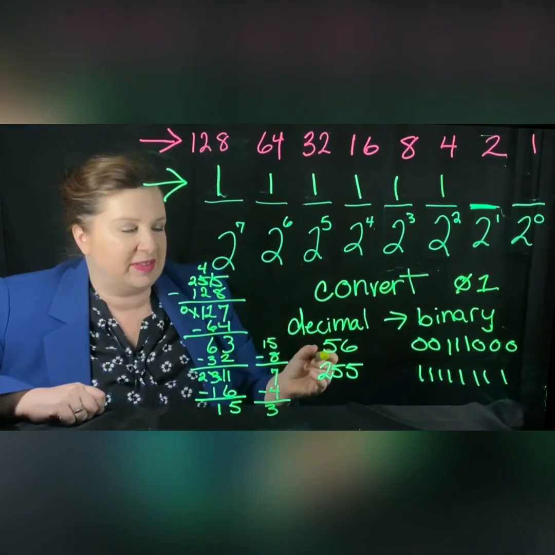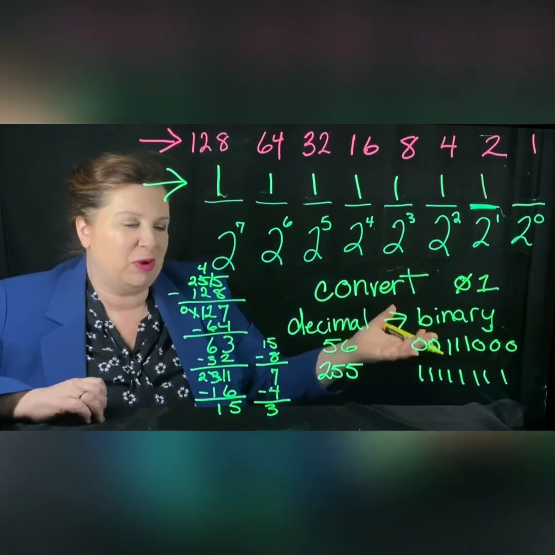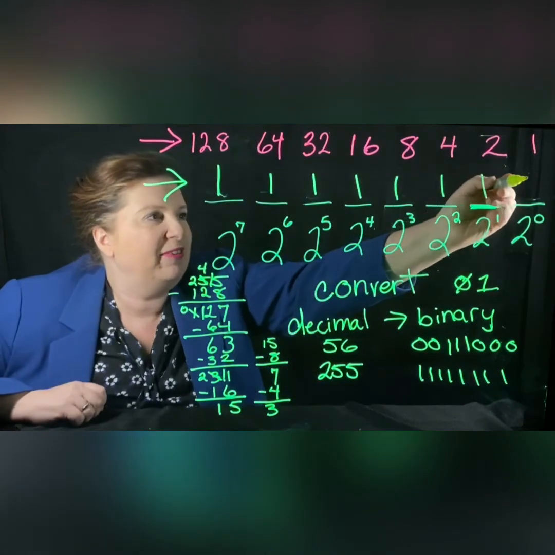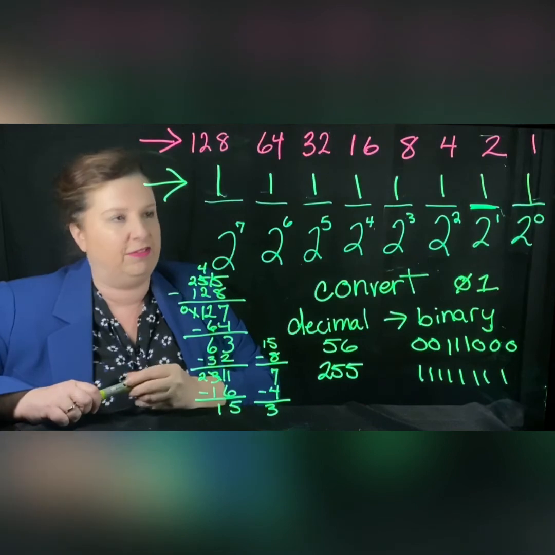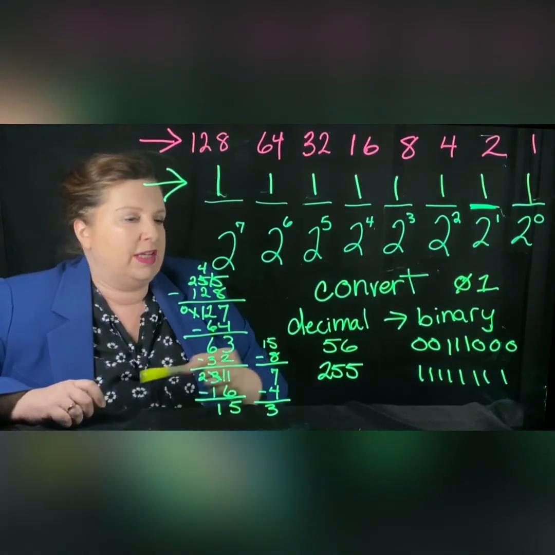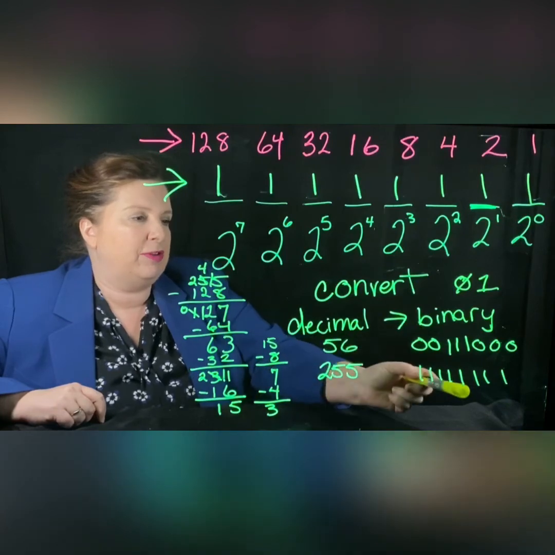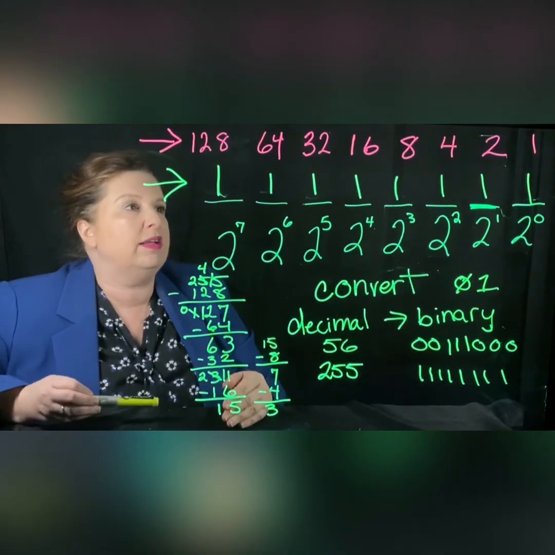And then I won't do the last two, but 3 minus 2 is 1. So you have 1 left, and then you turn your 1-bit on, and that is 255. So you can see if you need to convert 255 to binary, it's going to be all 8 bits on.